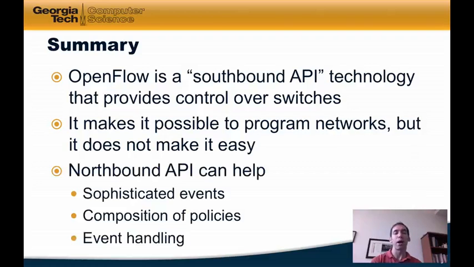A Northbound API can help. It can allow network operators and programmers to handle sophisticated events, to compose policies, and to write policies that respond to specific events that may happen in the network. In the rest of the module, we will look at various programming languages and applications built on top of OpenFlow controllers that make these types of applications easier.